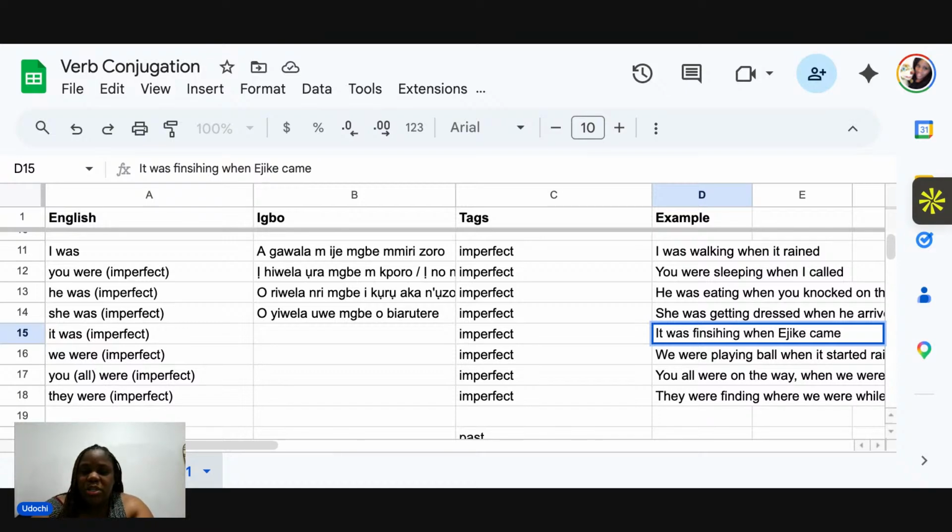That's why it's important to know what is finishing, because if you were finishing work, you would say wocharing ora, but if the event was finishing, you would say it was ending, which is onago, right?